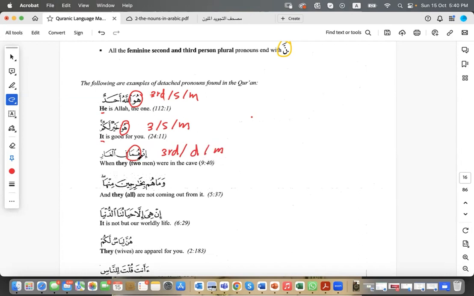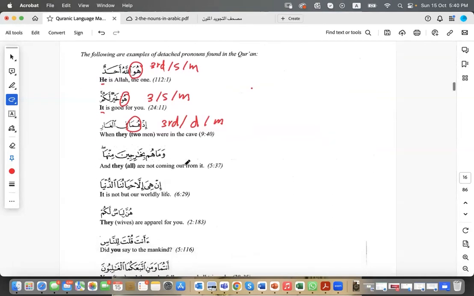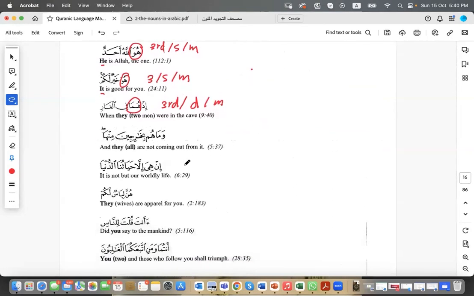It could be masculine or feminine, but here it is masculine. It is referring to Sayyidina Muhammad sallallahu alayhi wasallam and Sayyidina Abu Bakr Siddiq radiallahu anhu. So it is two men here, but it can be referring to two women as well.